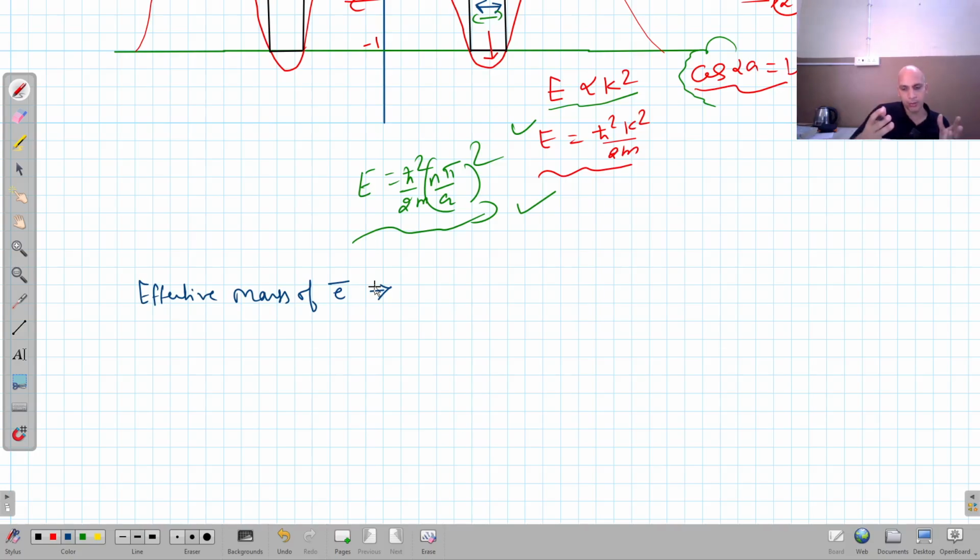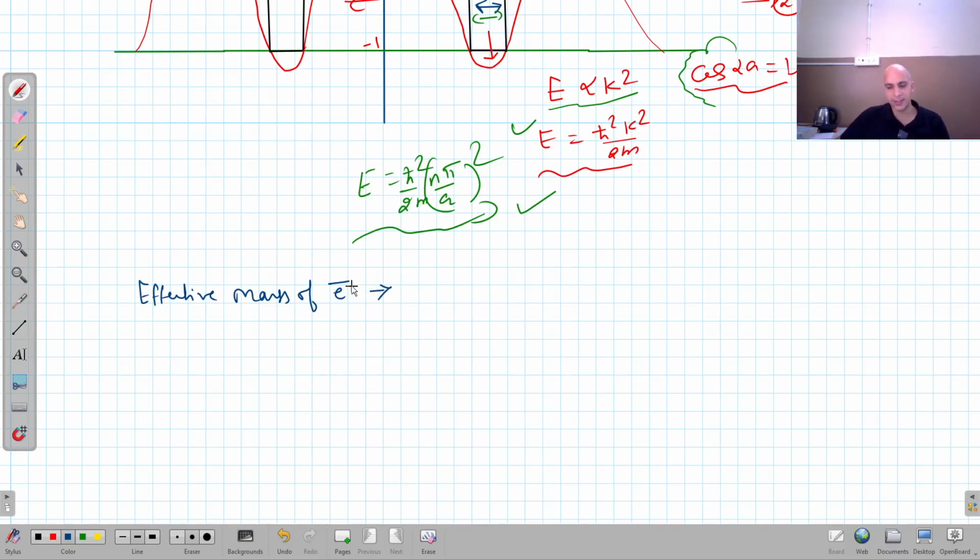It can be assumed that sometimes it is behaving like having positive mass, or sometimes having negative mass, or sometimes having very, very high mass, right? Even its magnitude can change, right? So this mass that is possessed by the electron while moving inside the crystalline solid is known as the effective mass of electron.